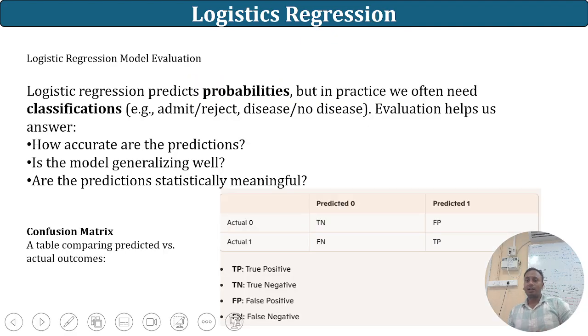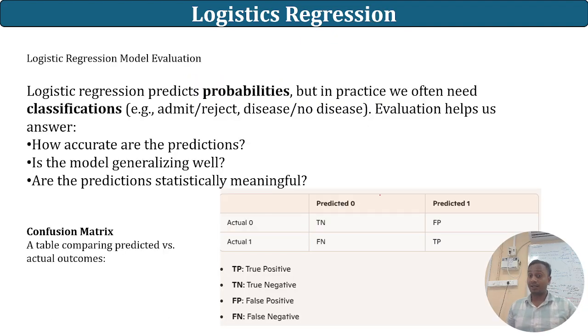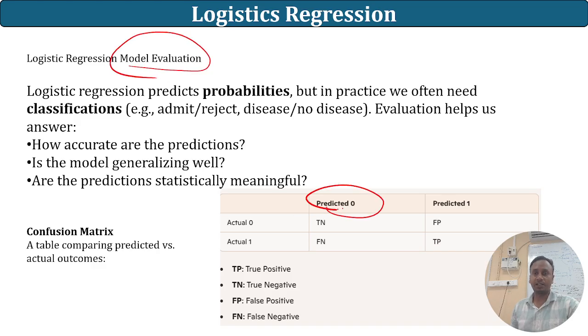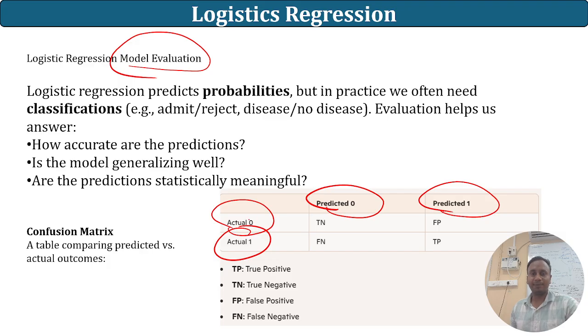Then to evaluate the classification, we have to know about model evaluation. Let's say predicted 0, 1 and actual 0, actual 1. When actual 0 and predicted 0, it's a true negative. Then actual 1, predicted 0, false negative.